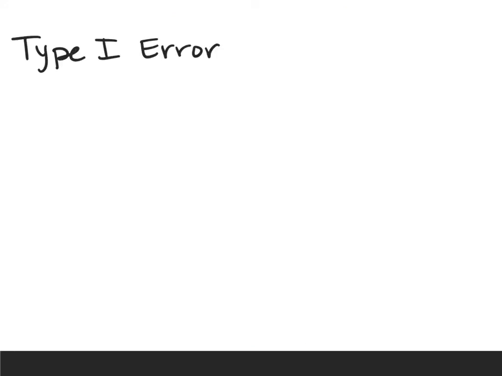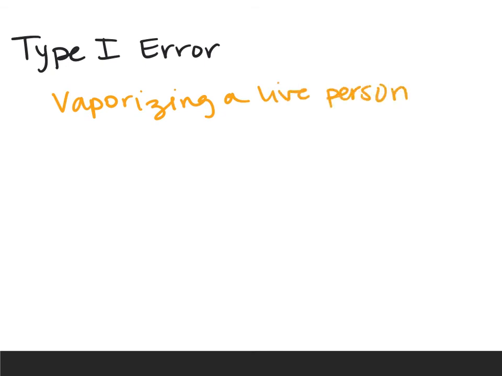Alright, so a type 1 error is the equivalent of vaporizing a live person. Which is bad. Someone was alive and now we vaporized them, so they're not anymore.